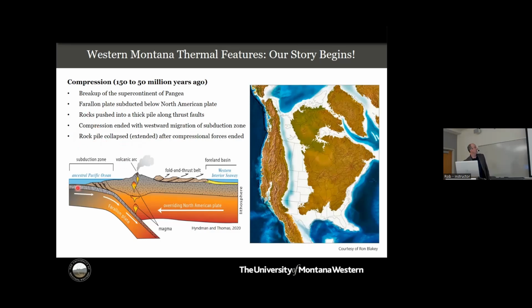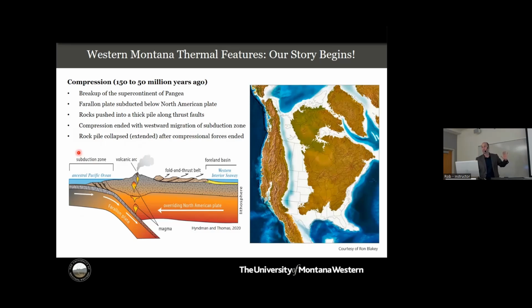Why did it back away? Because we started adding pieces of continental material to the western margin of North America, and the subduction zone kept moving westward. It's currently hundreds of miles off the shore of Washington State. So the bulldozer was backing off with each fragment of land that got added on.